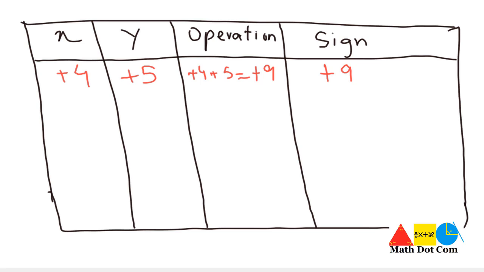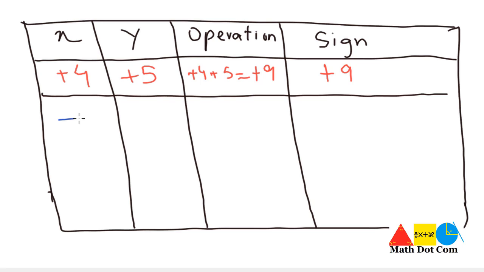The next case, if you have minus 8 and plus 5, what operation will have to be performed? The operation will be subtraction. You have to subtract minus 8 and 5. After subtracting minus 8 plus 5, you will get 3.